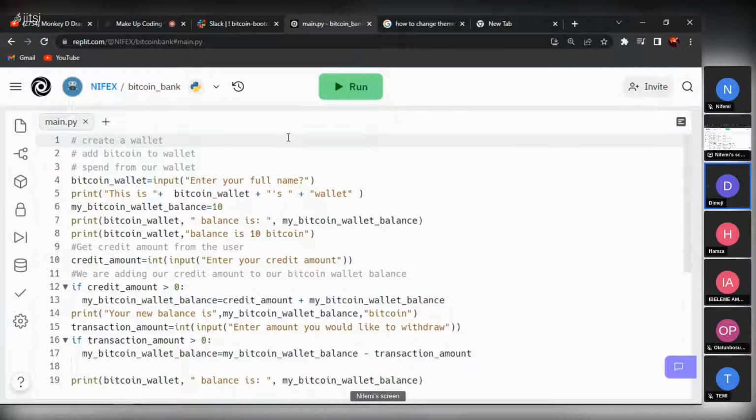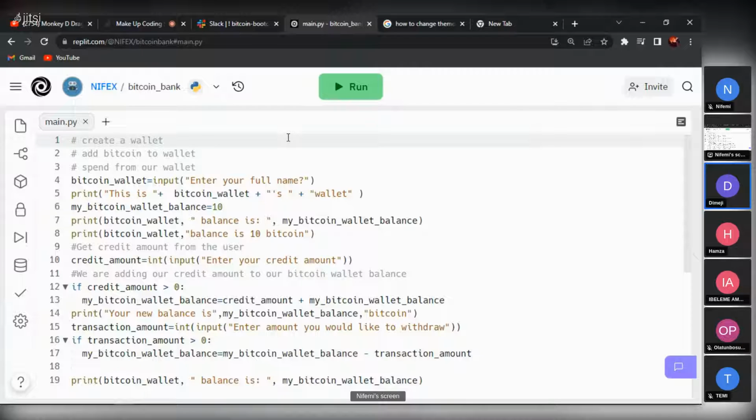All right, makes sense. So what number 5 is doing is what we are only saying once. In line 4, when they say enter your name, you now put Amarachuku. Line 5 would print to your console, saying that this is Amarachuku's wallet.